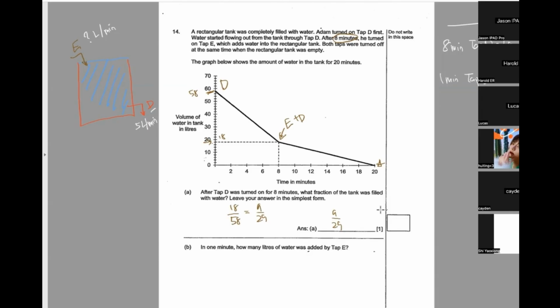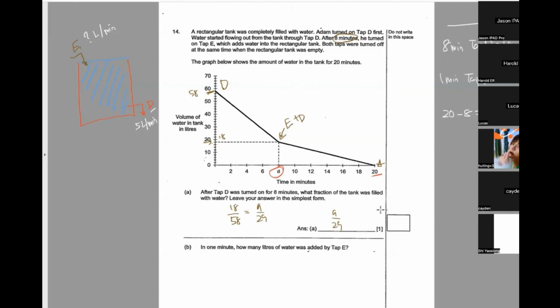Now, let's find out tap E's rate. We know that tap E only starts at the 8-minute point, and then stops at 20 minutes. So in other words, tap E has been turned on for how long? 20 minus 8, 12 minutes.